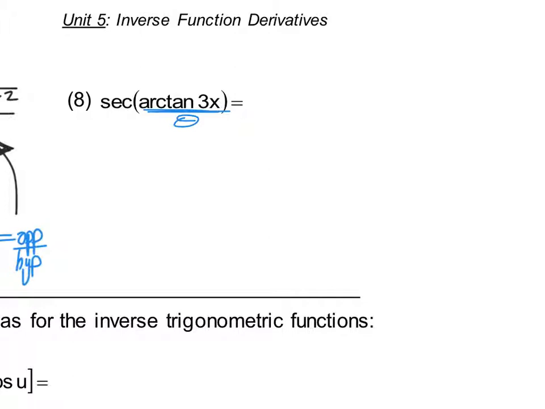But it's all going to amount to the idea that the tangent of theta is equal to 3x. Again, trig ratios. So I'm going to write it as 3x over 1. I have my opposite side, and I have my adjacent side. That's the TOA part of SOHCAHTOA.